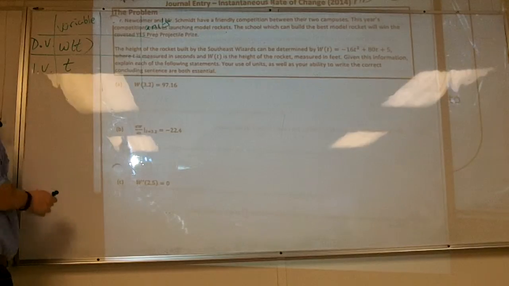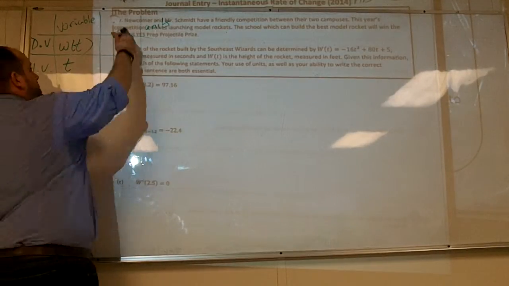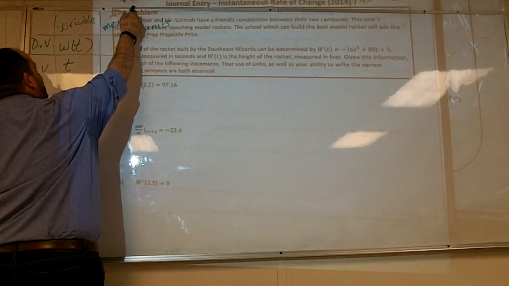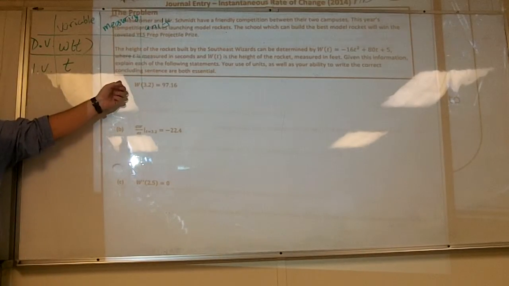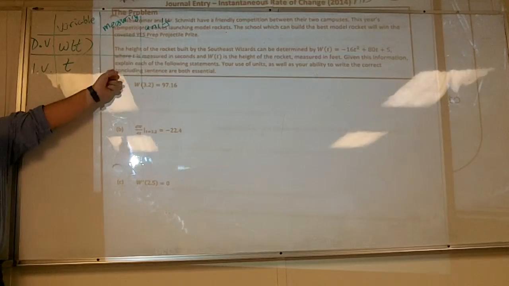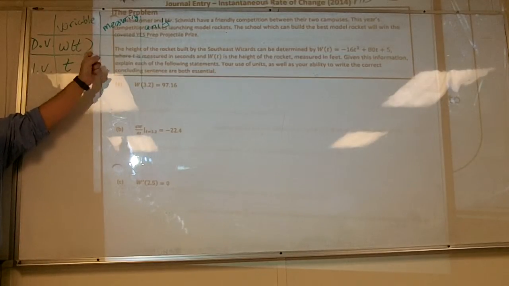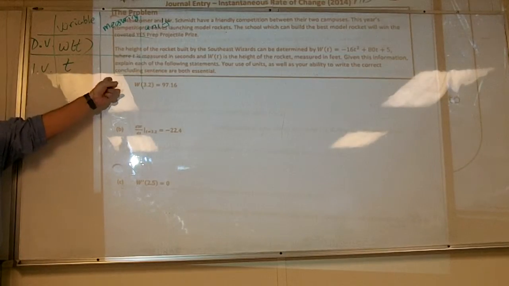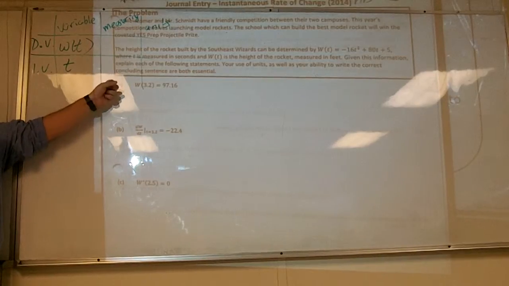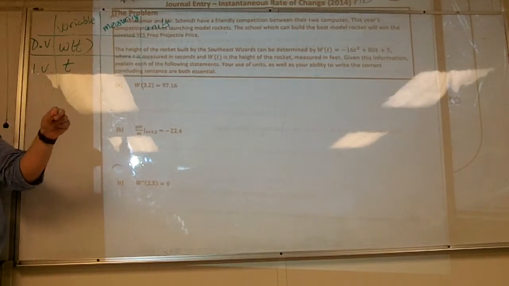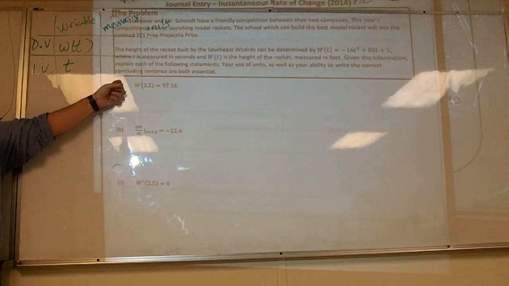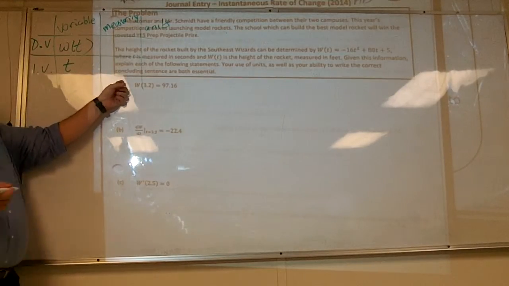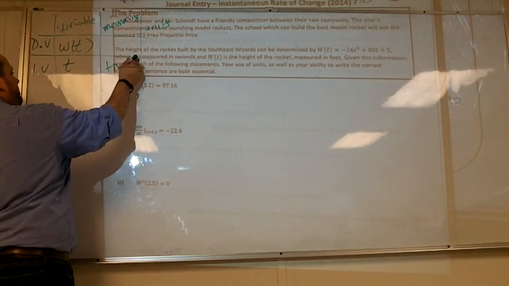The independent variable, what does it actually mean? What are we measuring? Not what are the units, what are you measuring? For the independent variable, we are measuring time.